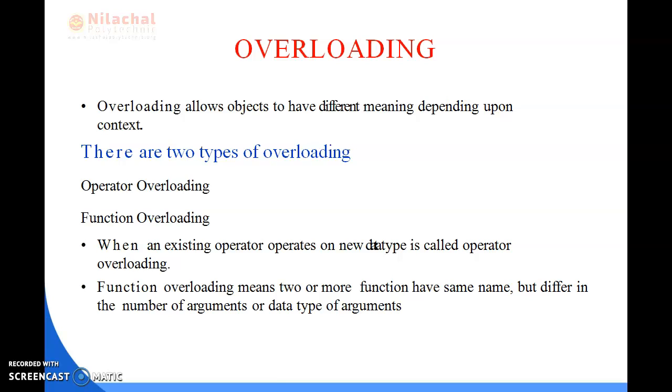Now we will learn about the rules of function overloading. The same function name is used for more than one function definition. The functions must differ either by the arity or the types of their parameters.